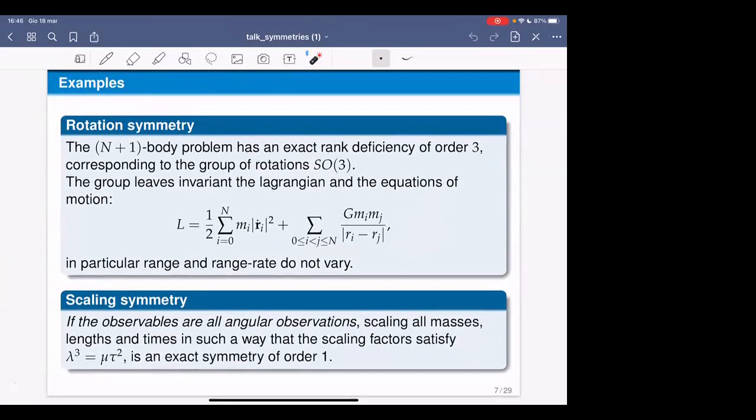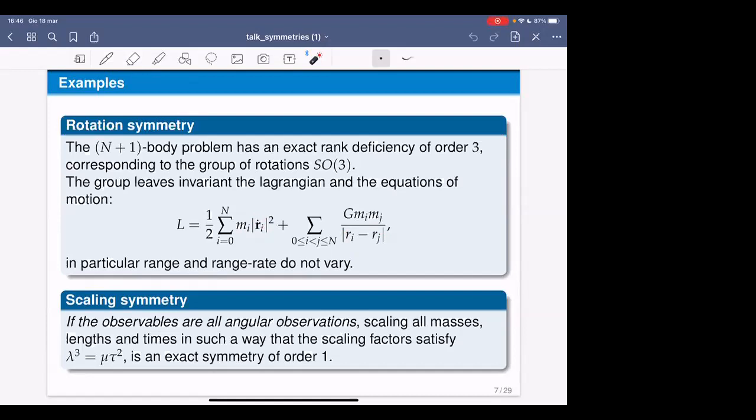First of all, the rotation symmetry, which is the one I opened with. The n+1 body problem has an exact rank deficiency of order 3, corresponding to the group of rotations SO(3). This is easily seen because the action of this group leaves invariant the Lagrangian of the n+1 body problem, because the Lagrangian only depends on the norms of the velocity vectors and the norms of the mutual distances.